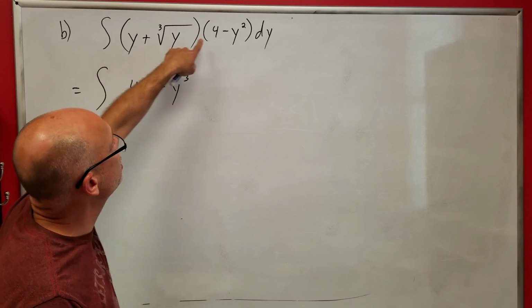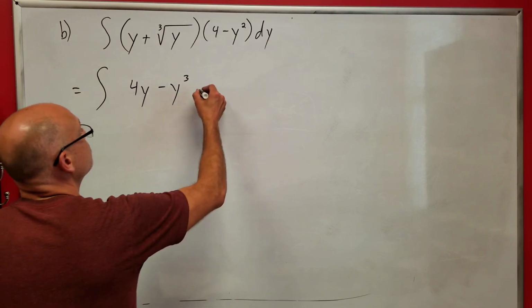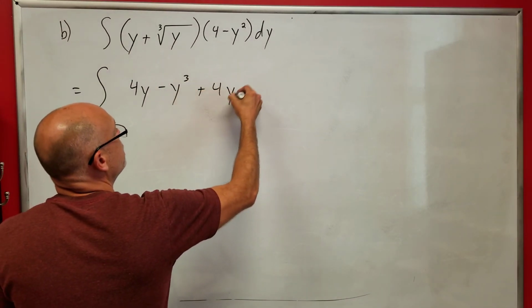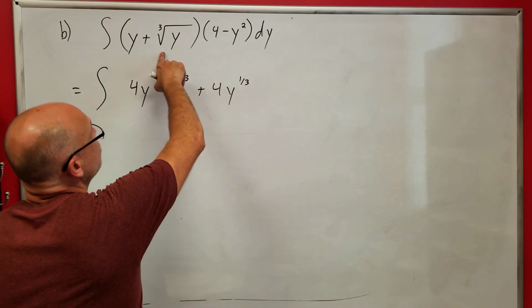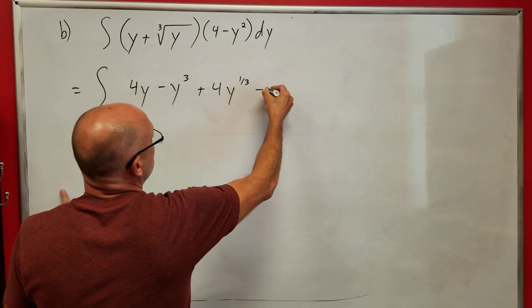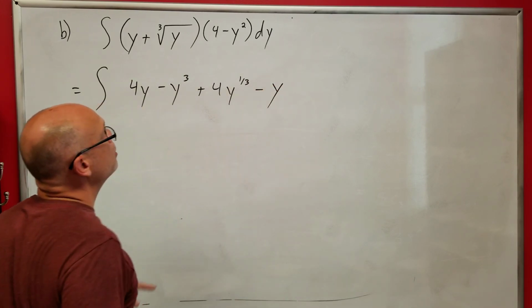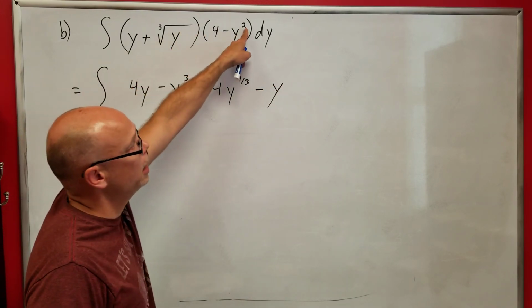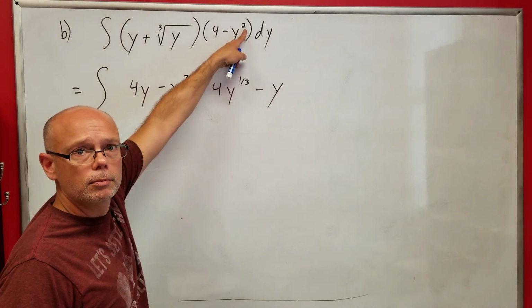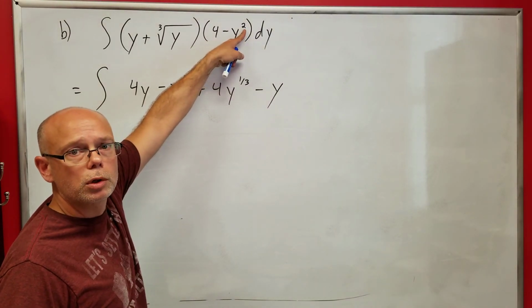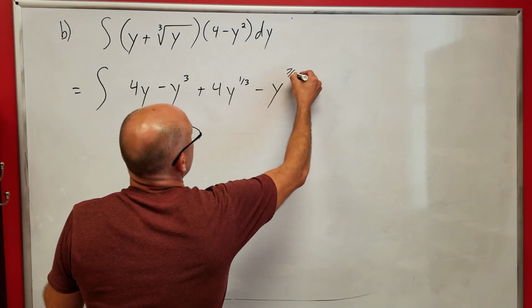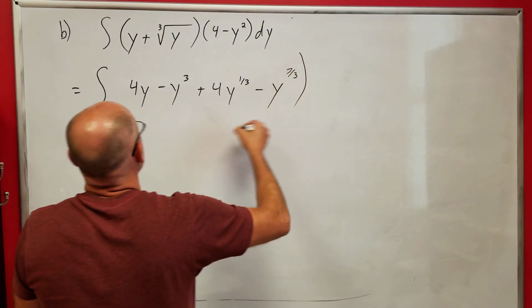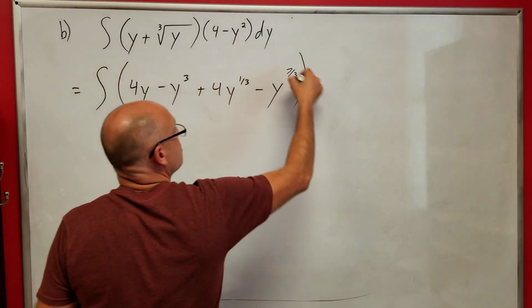What's y to the 1/3 times 4? 4y to the 1/3. And what's y to the 1/3 times negative y squared? You take that 1/3 and add it to the exponent of 2. So that's 2 and 1/3, which is 7/3. I'll put all that in parentheses and bring down my dy.